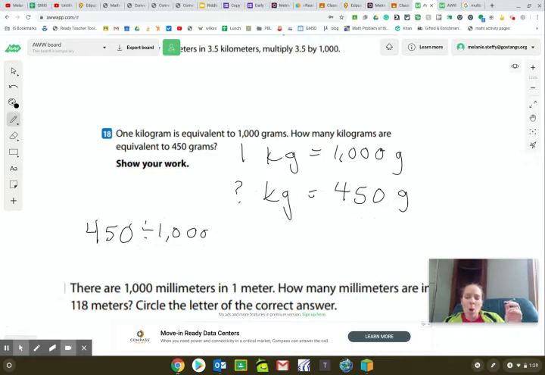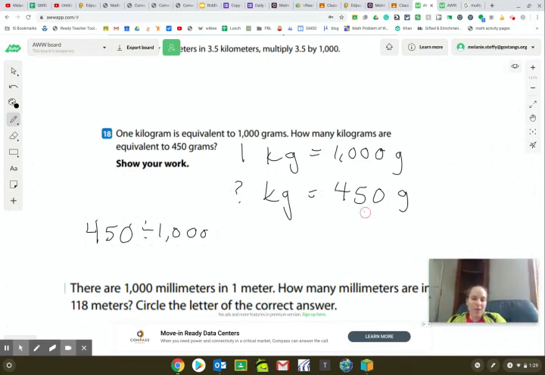If I had 2 feet and I was comparing that to how many inches that was, well, if I converted my 2 feet into smaller units, I'm going to have more pieces. But if I had, for example, 24 inches and I was trying to figure out how many feet that would be, I'm taking my smaller units and putting them into a bigger group, which means my answer is going to be smaller. So hopefully that makes a little sense to you.